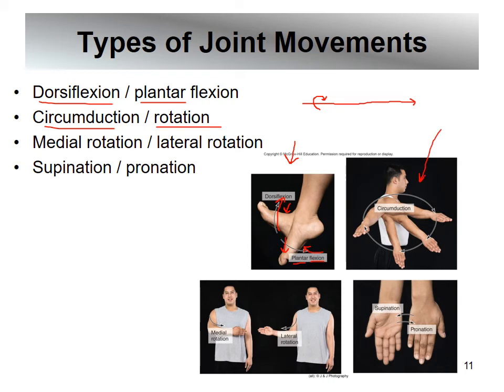Imagine my arm's out here, and there's this little point of rotation sticking straight out, and I just rotate my arm back and forth. Because I never leave the axis of rotation, it is called rotation. Circumduction, where I'm going around the point of rotation while never being on it, is called circumduction.